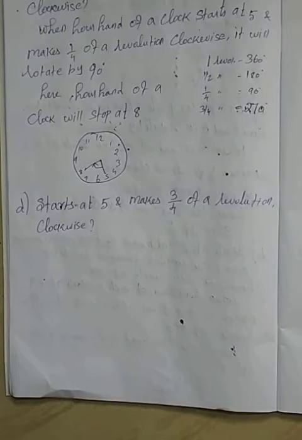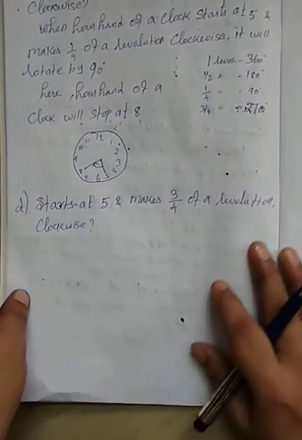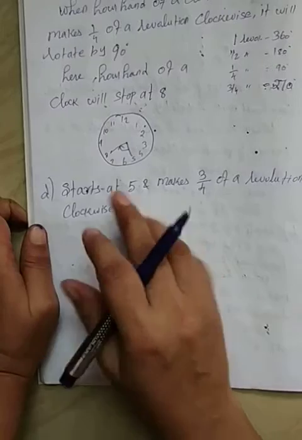See, as usual the same, we have to write in that line. What is that? Everybody knows that in one complete clockwise revolution our hand will rotate by 360 degree. This is common for all problems, so in this line you have to write for all problems. Don't forget. Okay. After that you have to start from the problem.